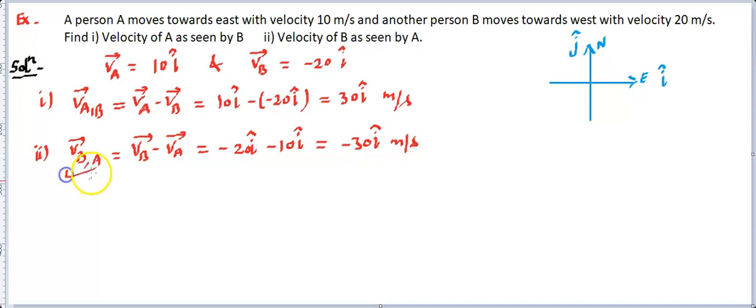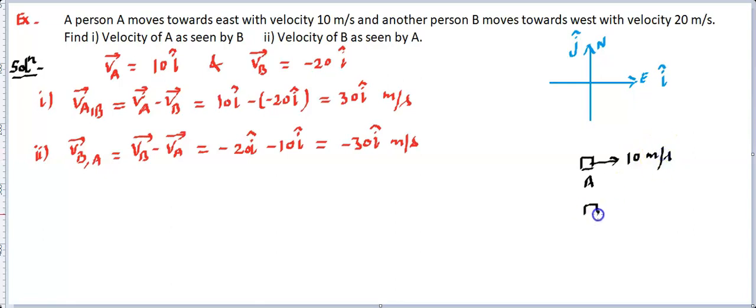So this is traveling west, whereas this is traveling east. That means with respect to B, A is moving towards east. With respect to A, B is moving towards west. And this could also be understood by a simple figure. So let's say we draw this kind of figure. This is person or object A, which was moving in this direction by 10 meter per second.